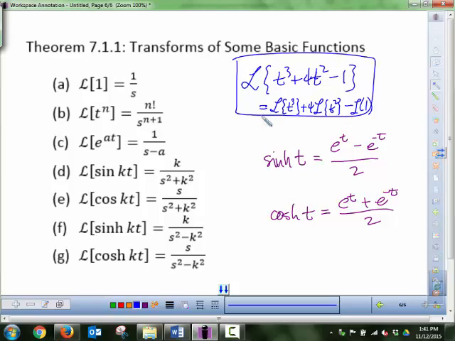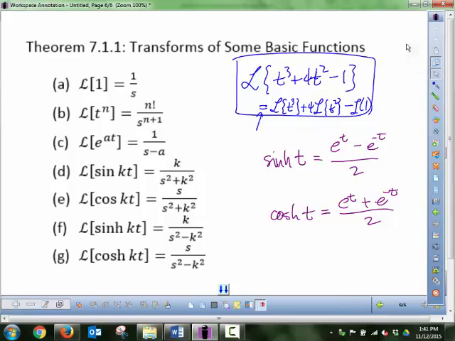This equal sign is not confirmed until you know one more important fact: the Laplace transform is a linear transformation. So let me copy this again onto the next page, where I'm going to say linear transformation.